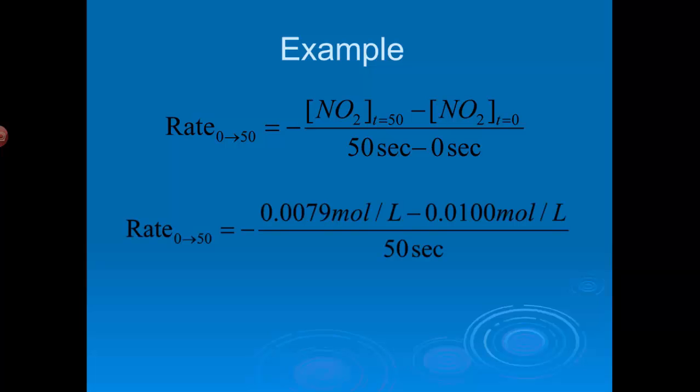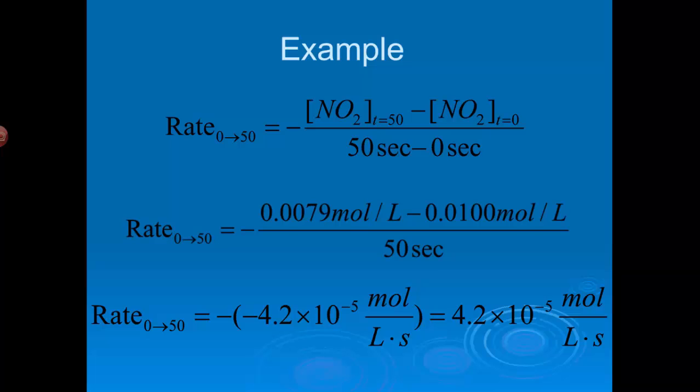So 0.00079 moles per liter minus 0.0100 moles per liter divided by 50 seconds. Since we're looking at a reactant which is going down in concentration, we just put a negative sign in front of it to make the rate positive. So our rate is 4.2 times 10 to the minus fifth, in moles per liter seconds.